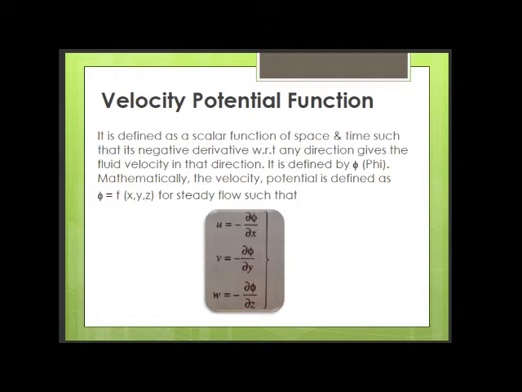If we take the negative derivative with respect to any direction, meaning in the x direction, y direction or z direction, then it gives the fluid velocity in that direction. This velocity potential is defined by the symbol phi.